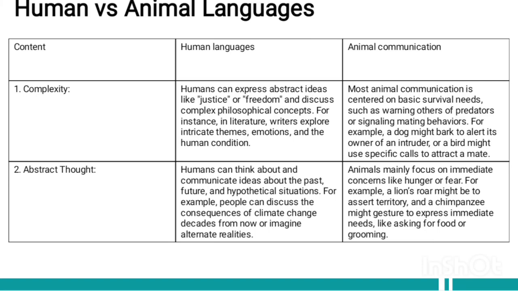Next idea, abstract thoughts. Humans can think about and talk about things that aren't immediately present or don't even exist. We can reflect on the past, plan for the future, and even imagine entirely hypothetical scenarios.